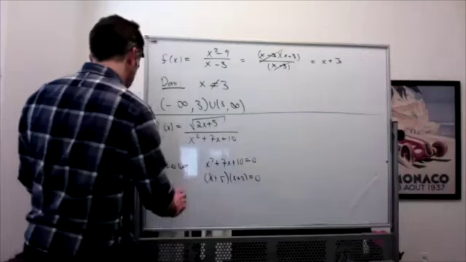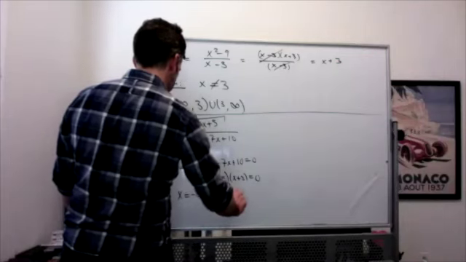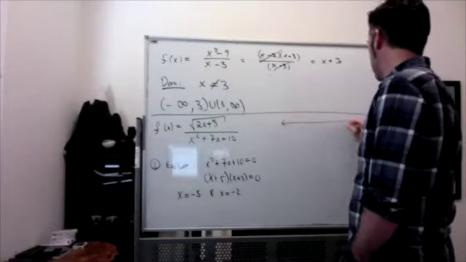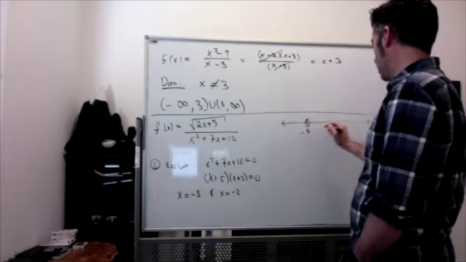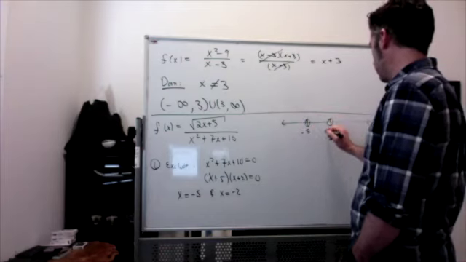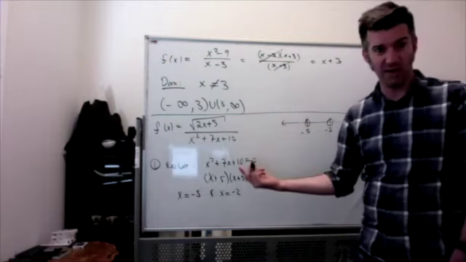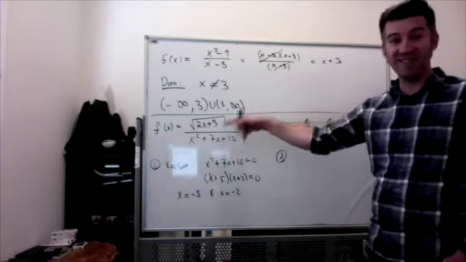So I want to exclude x equal to negative 5 and x equal to negative 2. So already on my number line, I know I don't want negative 5 and I don't want negative 2. I'm not going to draw anything in yet because this square root might tell me other things I have to do.